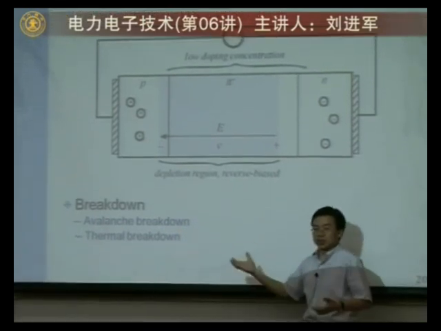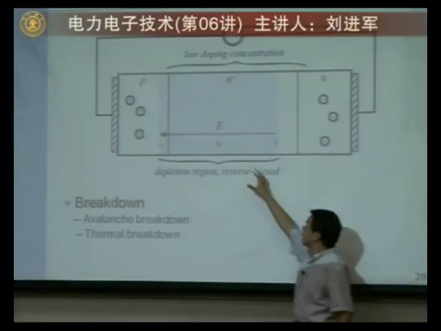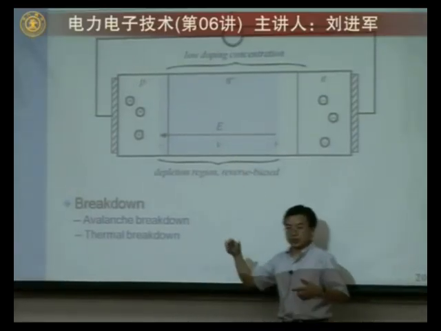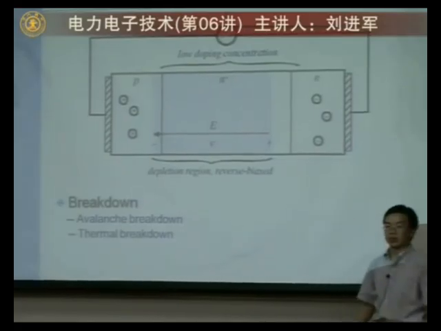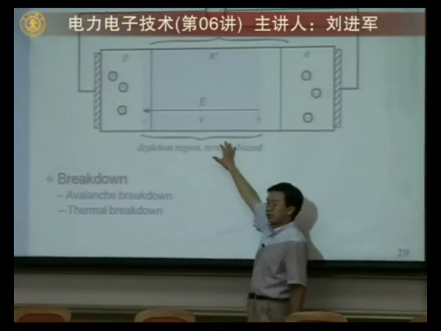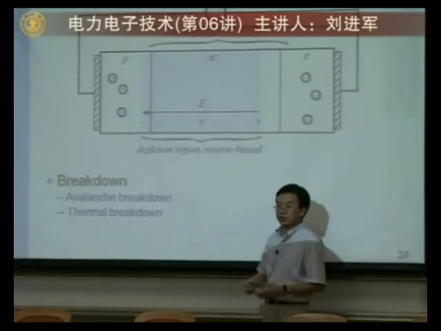That's the reverse current. Therefore, the density of the carriers in this region gradually gets smaller, and the diode gradually recovers the ability to block reverse voltage.